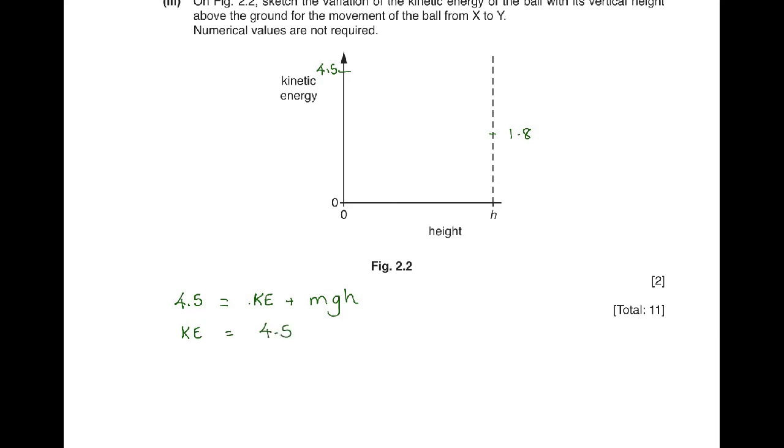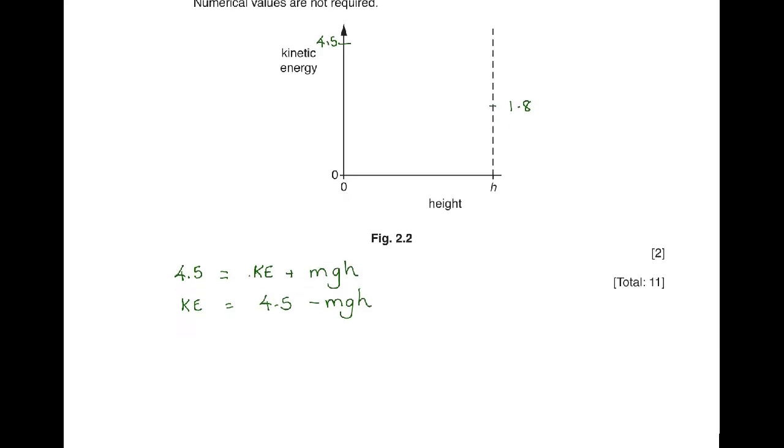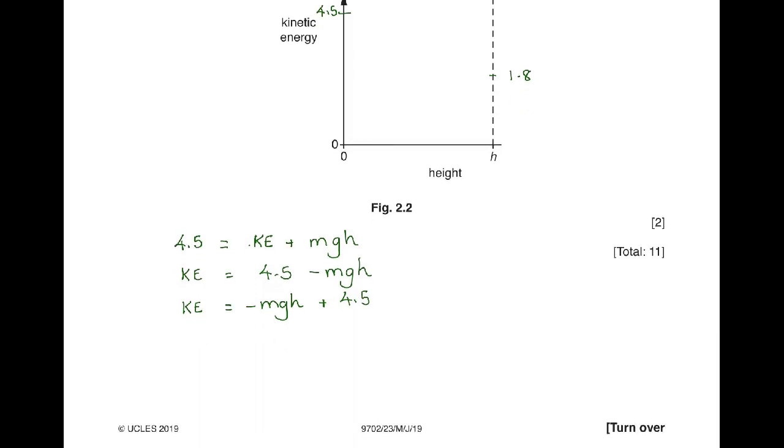Because what I'm trying to do is to see whether it fits y equals mx plus c. And in order for me to do that, it may sound silly, but I like to change this around so that I've got the pieces in the right order, so that it really does look like y equals mx plus c and not like y equals c plus mx.